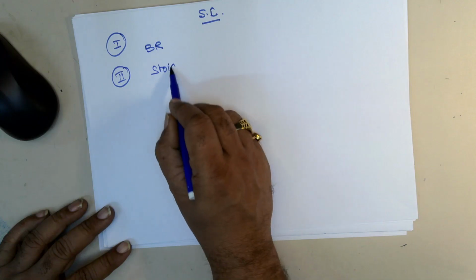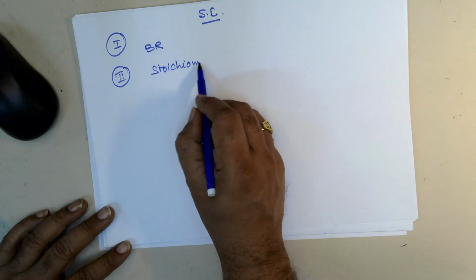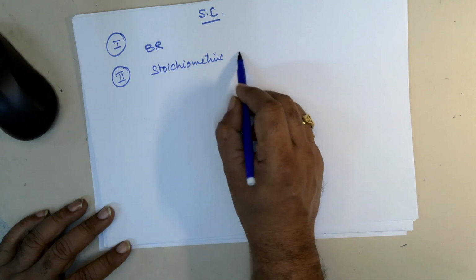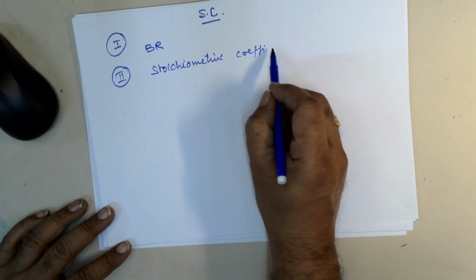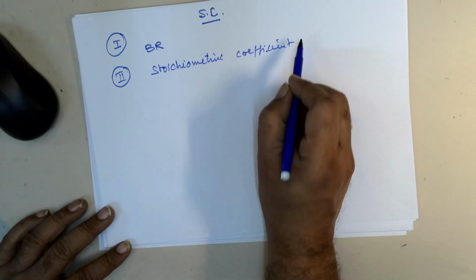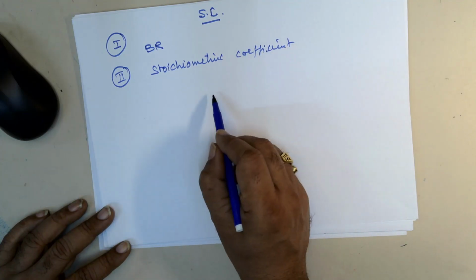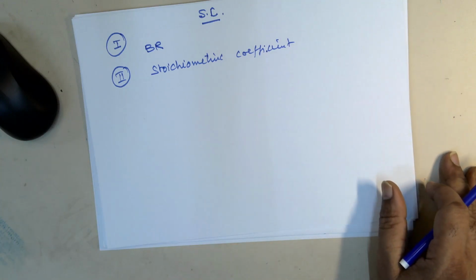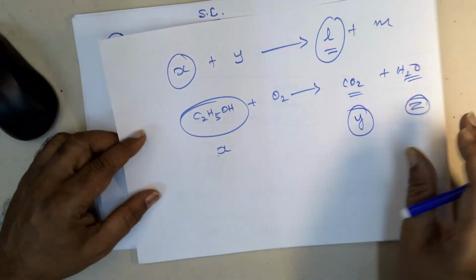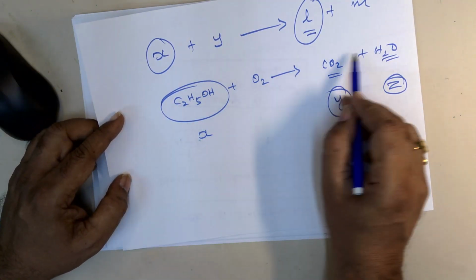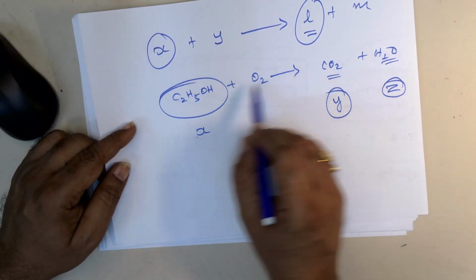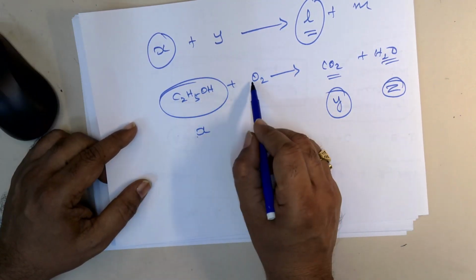Stoichiometric coefficients means the molar coefficients. For example, when you have C2H5OH here, let me consider we had to balance this reaction. We are already aware of balancing chemical reactions, so let us balance.